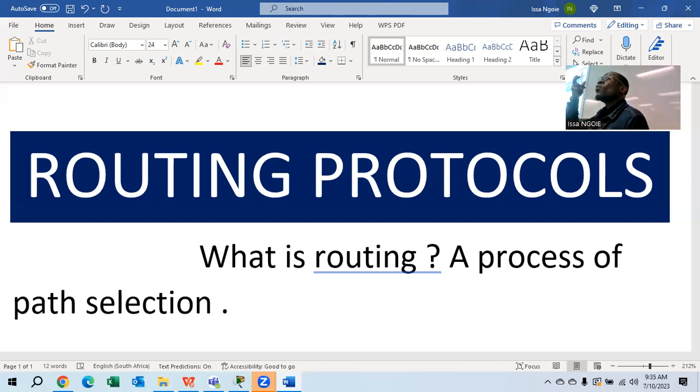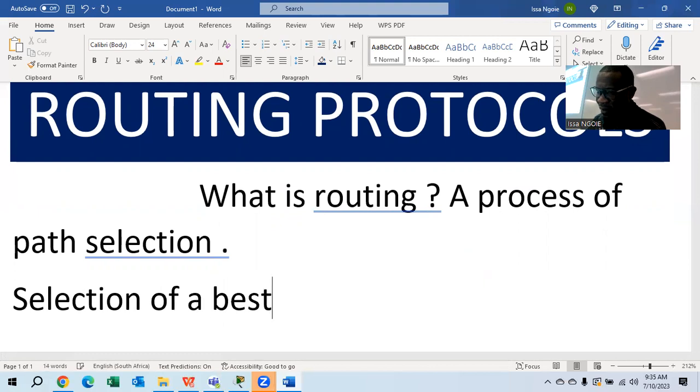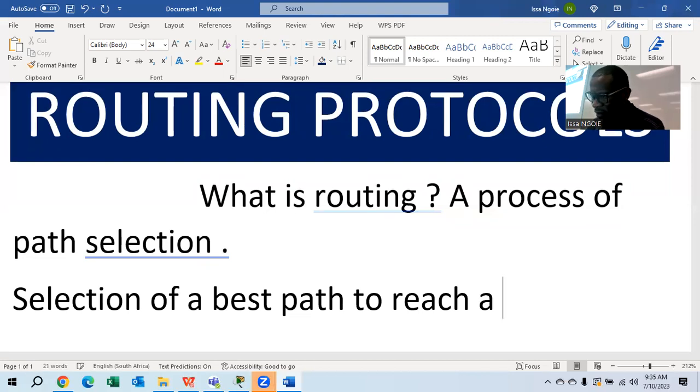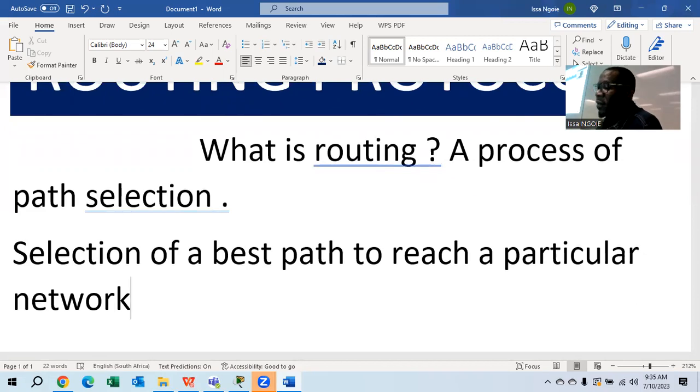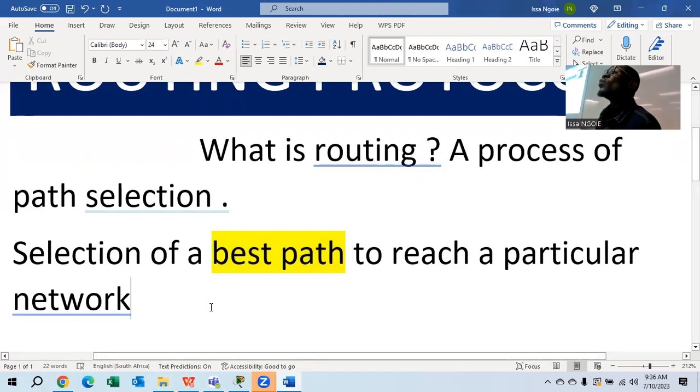That process will allow you to select a path, right? Or you can say, routing will allow you to choose the best path to reach the destination.